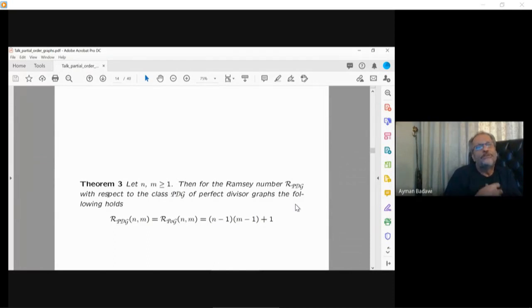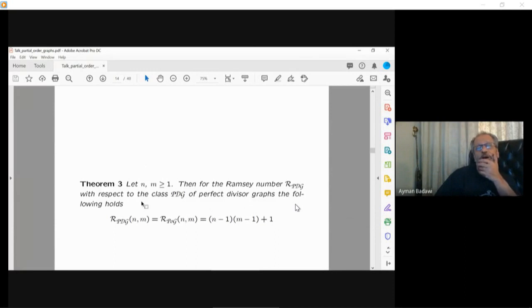So it makes sense that if you calculate the Ramsey number for a specific graph, that is partial order, maybe this number is less. Of course, it cannot be bigger, because the Ramsey number gives you the number when we consider all partial order graphs.